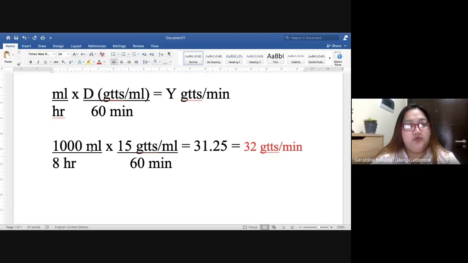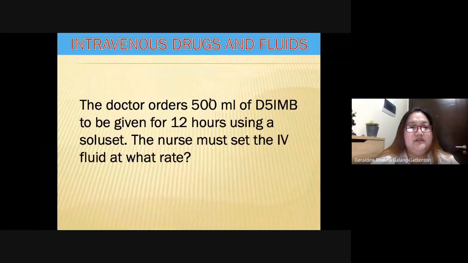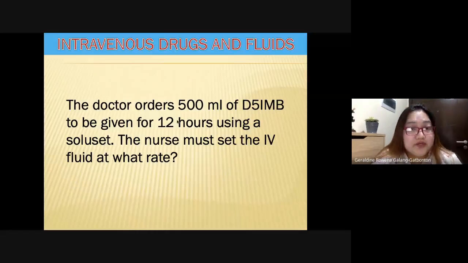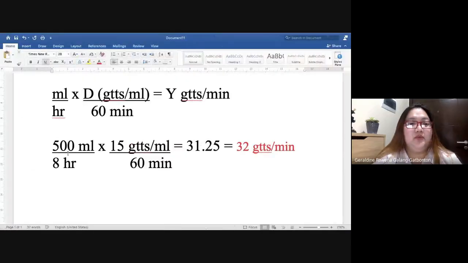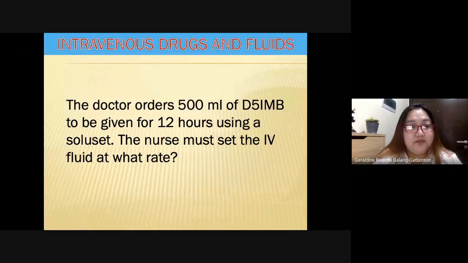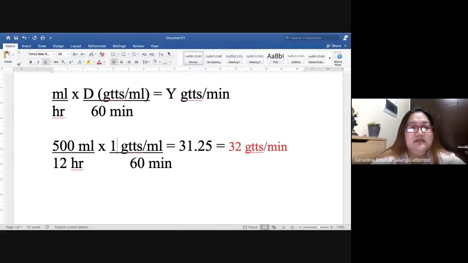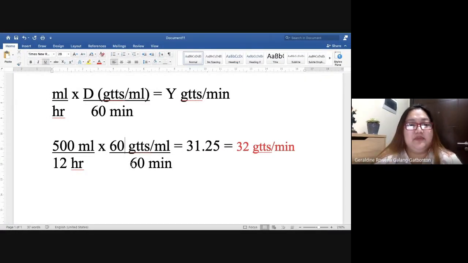Okay? So, kung ito yung gagamitin ko ulit, ano yung ml natin? 500. Ano yung hours natin? 12. And then, ano yung drop factor natin? Soluset is laging 60. And then, standard naman siya, 60 minutes.